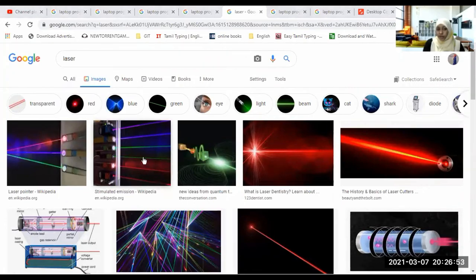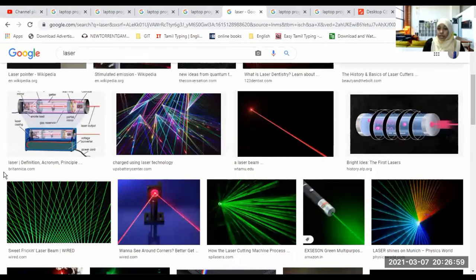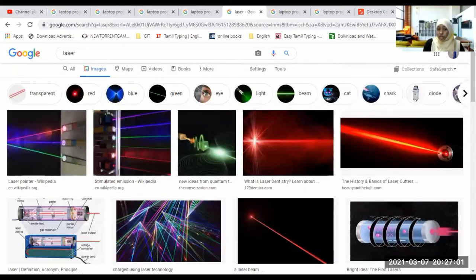These cannot be seen, only the dot can be seen. The data written on CDs is written and read using these laser beams. They are also used for experimenting.